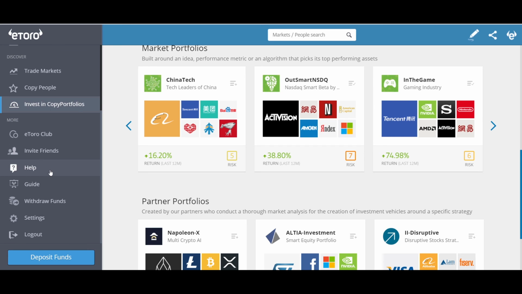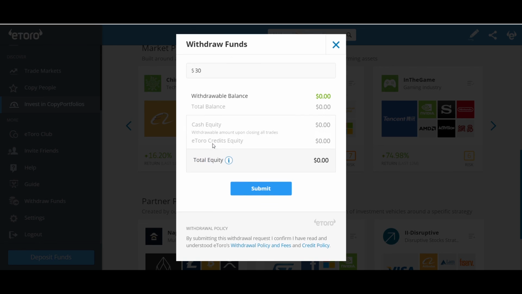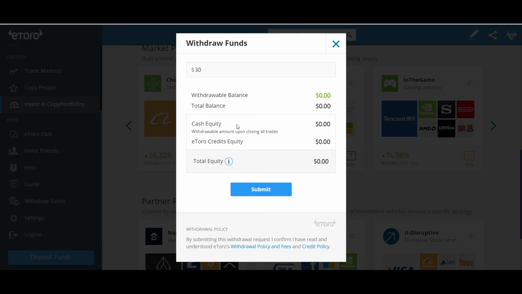If you would like to withdraw funds, you just click withdraw funds. I tried once and I can say that this is real. The withdrawal commission fee is only $5, and all other services are commission free. So this is very good.